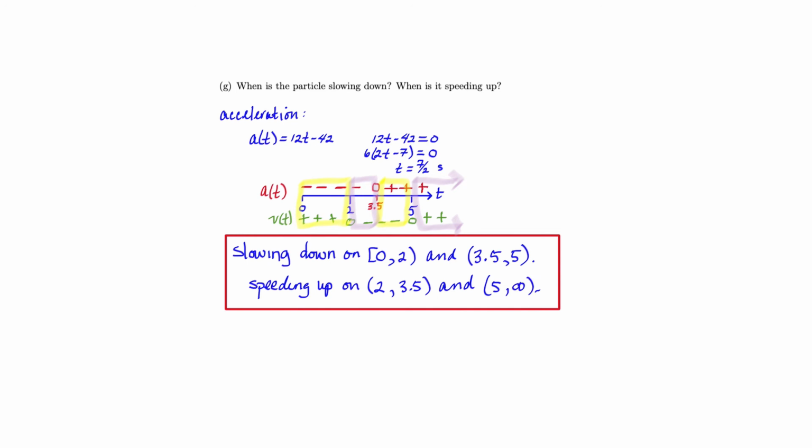All right, so it's important to remember that slowing down does not necessarily mean acceleration is negative. It means the sign of the acceleration is the opposite from the sign of the velocity. Speeding up means that acceleration and velocity have the same sign. So they could both be negative or they could both be positive when it's speeding up.